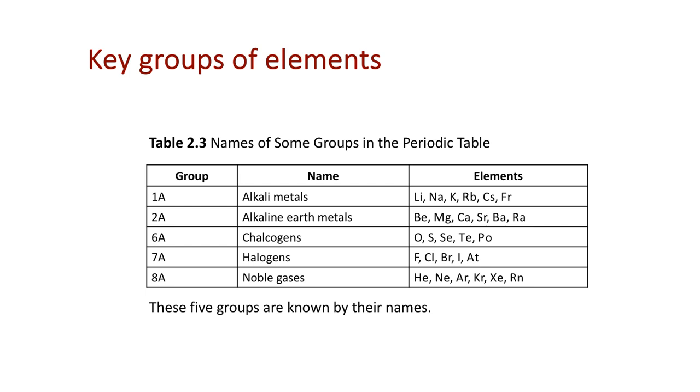So one of the trends of the alkali metals is that they form +1 ions in water or in solution. So they form Na+, K+, Rb+, et cetera, down that first group of the periodic table. You might have thought that the reason they form +1 ions is that they're going to the noble gas count of electrons.